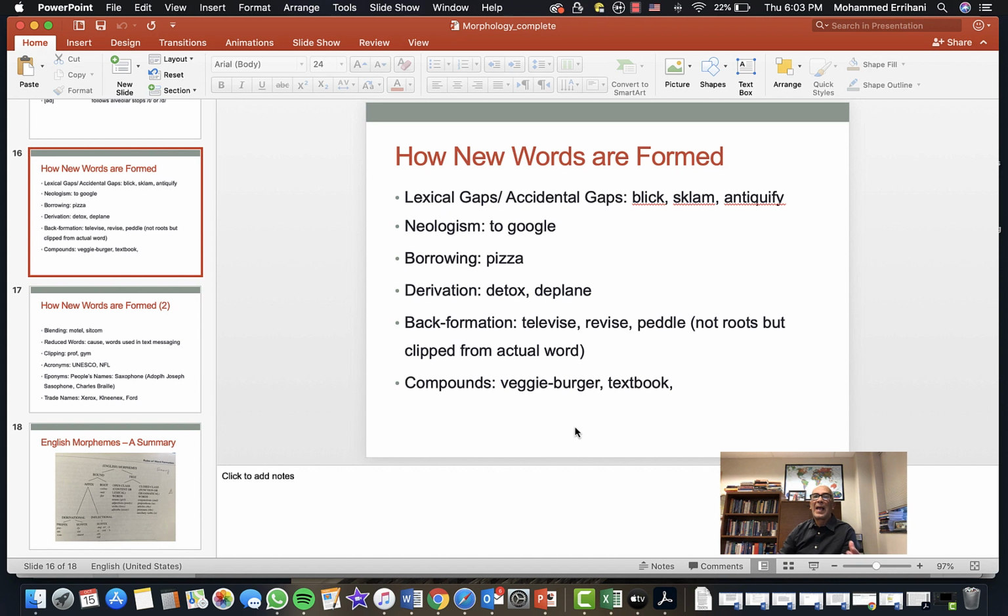So you cannot add un to the noun system because it wouldn't make sense in English. But if you add both un and a suffix, a prefix and a suffix, it exists. Okay, so this is further evidence that the morphological component of our mental grammar consists not just of a lexicon.